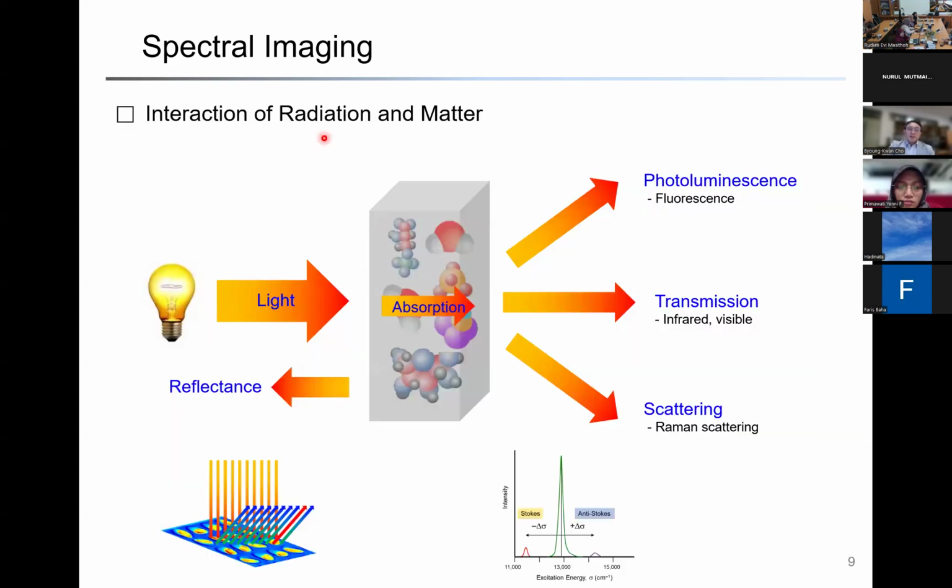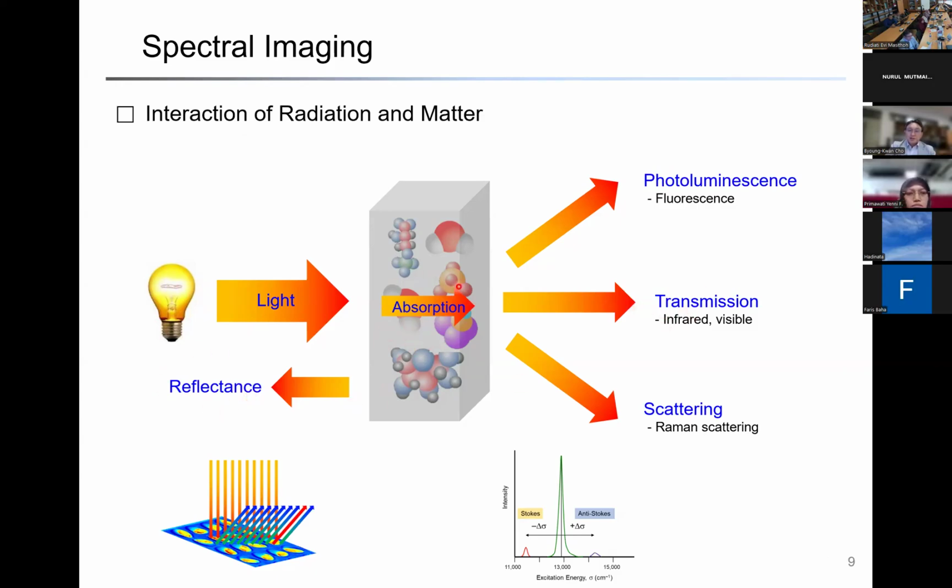Okay, spectral imaging or spectral measurement is the interaction between light and material. When light comes in, most of the light is reflected, and some of it is absorbed, and a very small amount of light can penetrate through the material.